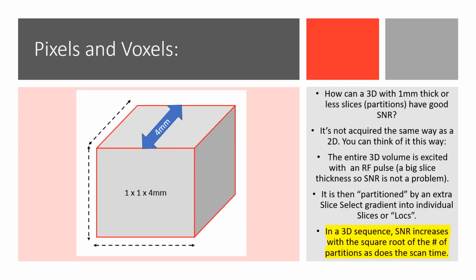So yes, a 3 millimeter slice thickness is going to have high signal to noise, but if you drop down to a 1, you're not going to have the signal to noise, especially if you're doing 2D. But 3D, all factors remaining the same, you're going to have higher signal to noise with 3D because 3D is not acquired the same way as 2D.